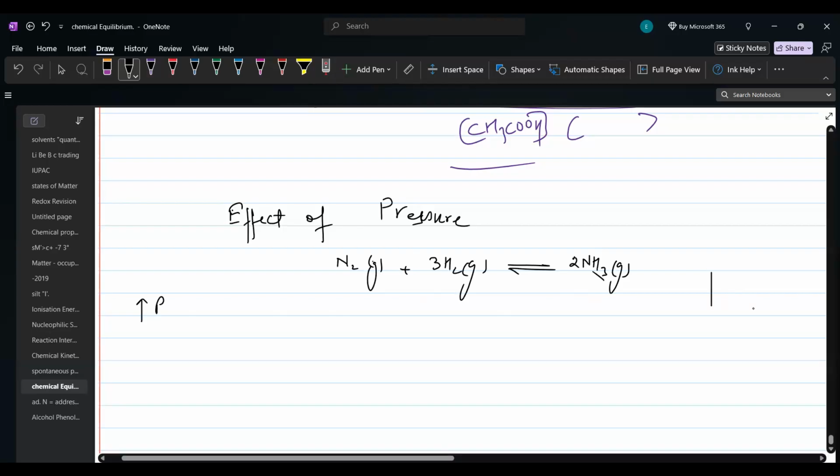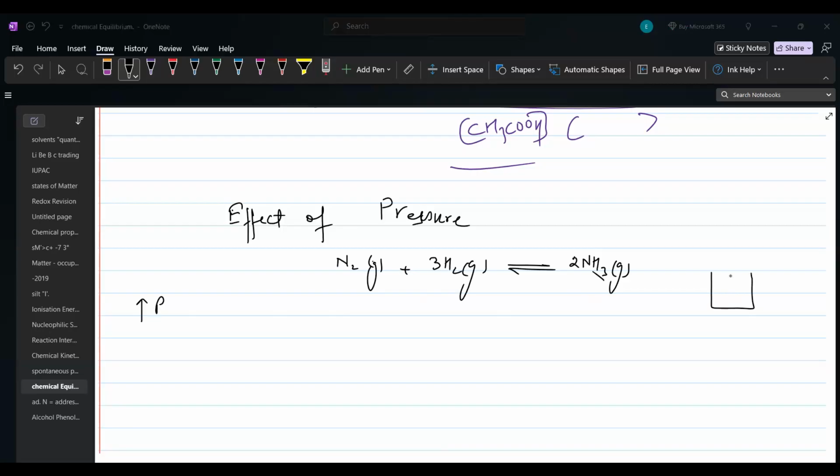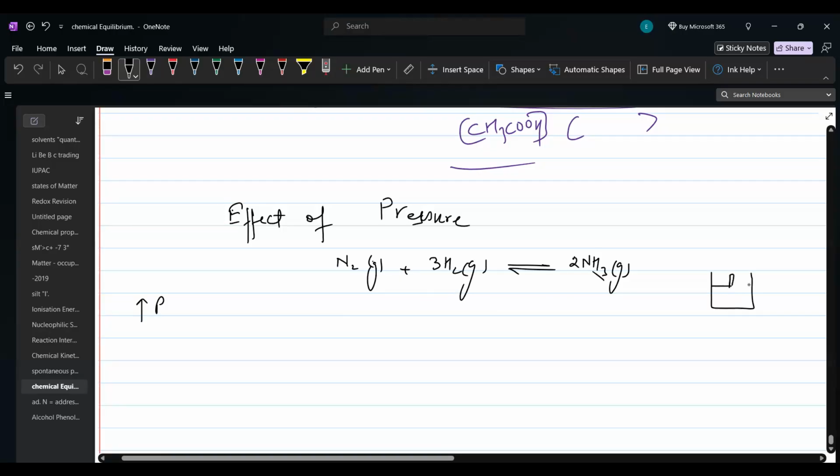For example, this is a container, and we have added N2 and H2 here. They have reacted and also formed NH3.